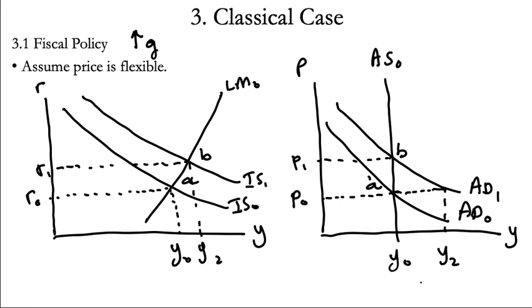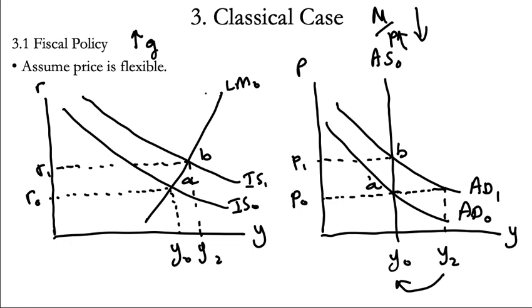Now, as you can see, Y2 will decrease back to Y0. As price increases from P0 to P1, you can see that in the LM equilibrium, the real money stock in the country decreases, and that obviously affects LM.